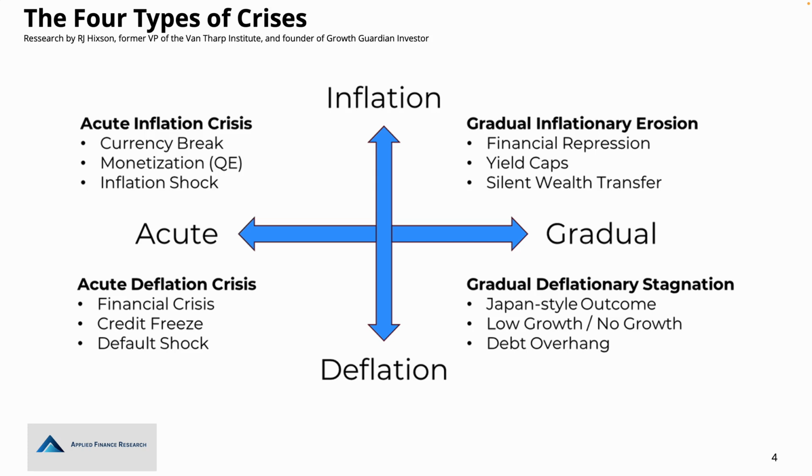Stock valuations are near historic highs. Job growth hasn't been very robust. It could be the case that we move towards a gradual inflationary crisis in terms of what's coming next, but I can also see a case where, if confidence in the US Treasury markets were to suddenly break, we could also move towards an acute deflationary crisis.